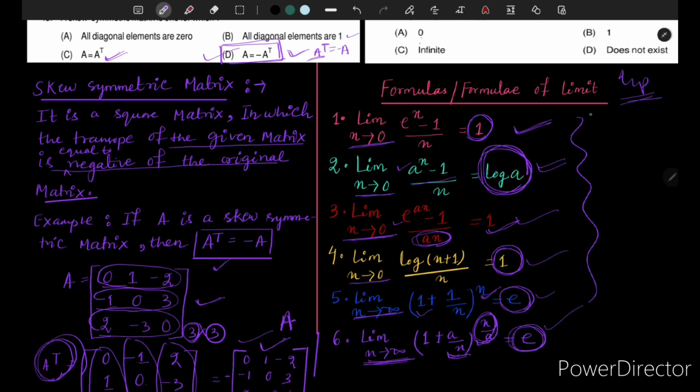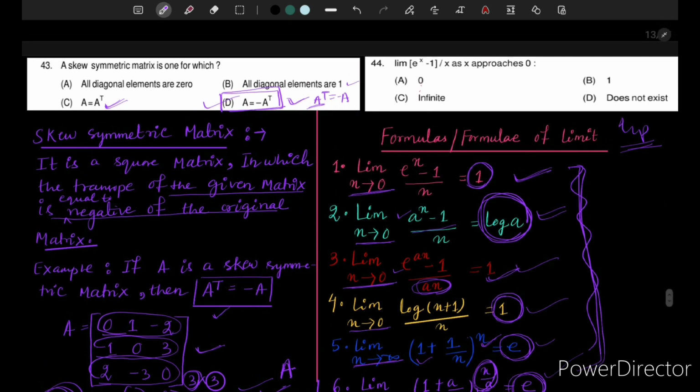So these are the formulas you all have to remember, so that you can easily answer any question based on them. The question is based on this formula.